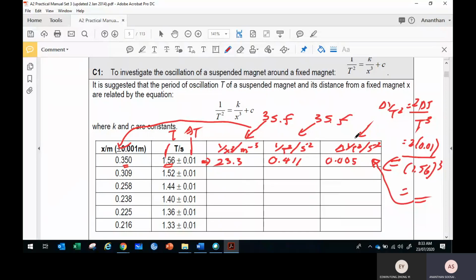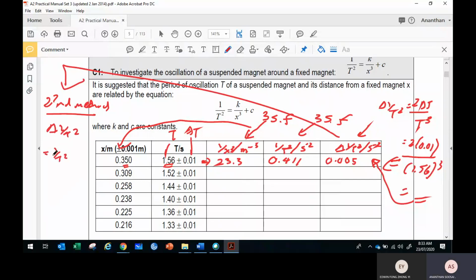This is one way. There is another way to find this value, the second method. The change of 1 over t squared is equal to the value of 1 over t squared maximum minus the value of 1 over t squared minimum. This is your uncertainty. How to get 1 over t squared maximum?